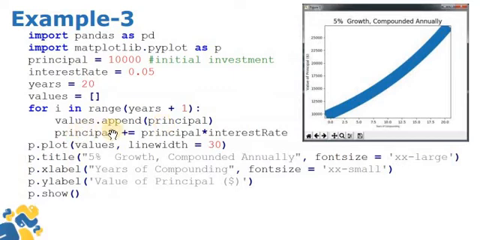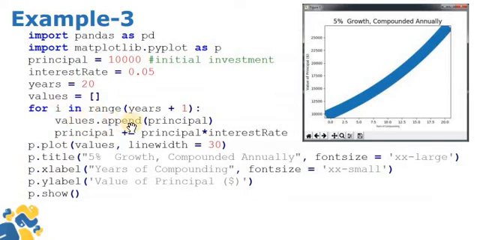Principal is equal to principal plus principal into interest rate. For the mathematical calculations we are using matplotlib. It will calculate the interest and add it to the principal, and one by one it is stored into the values list.